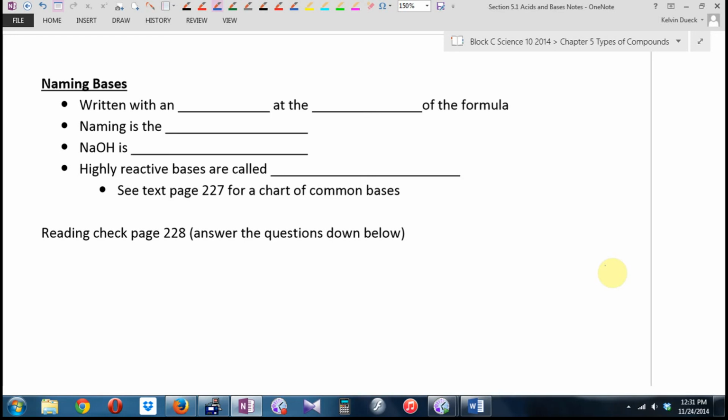This one is much more consistent, at least in grade 10. How can you recognize a base? You can recognize a base because it's written with an OH at the end. Whatever way you want to come up with to remember that.